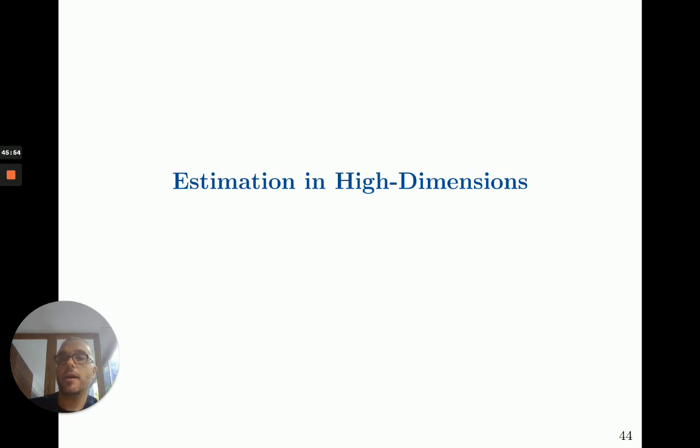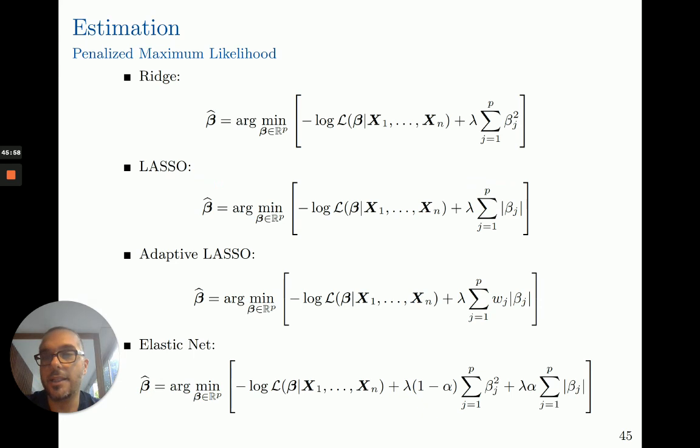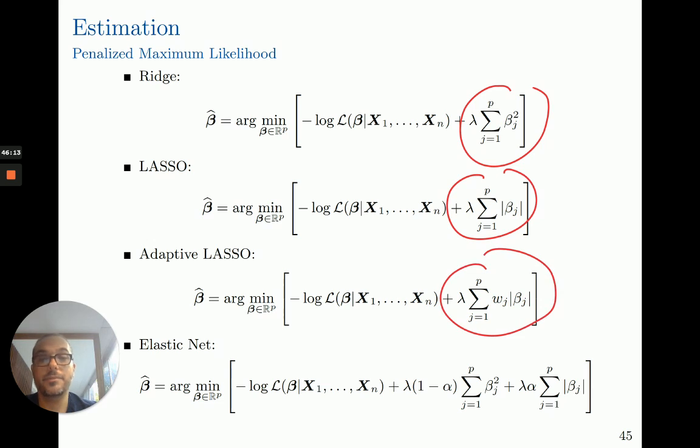So finally, how can we estimate these models in high dimensions? It's pretty easy. Basically, we do penalized maximum likelihood. So we augment the log likelihood by the penalty, like the ridge, the lasso, the adaptive lasso, the elastic net.